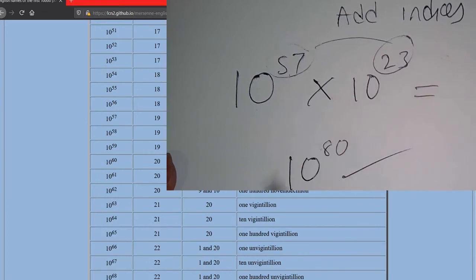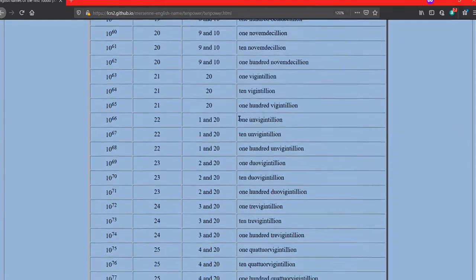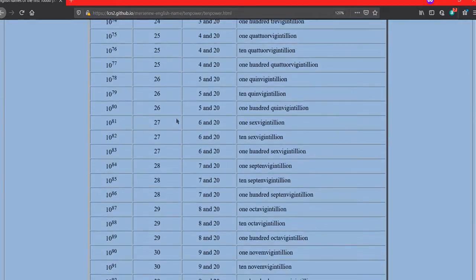That'll give you 10 to the power of 80, which is further down. There you go, 10 to the power of 80. That's the number of atoms in all the stars, in all the galaxies in our known universe. It's just an estimate.